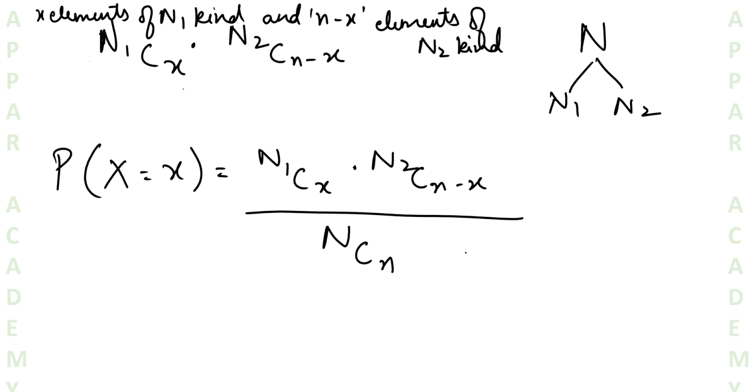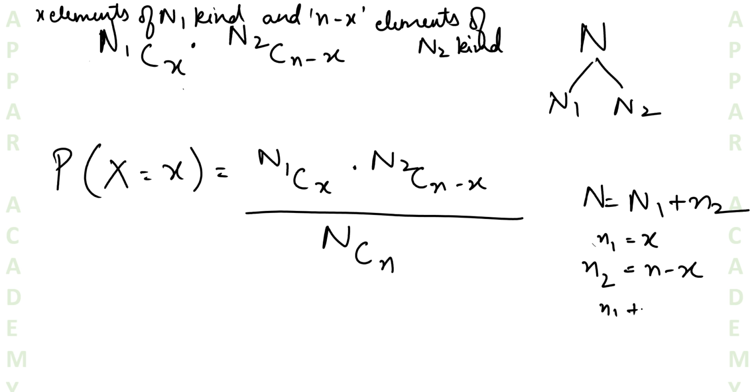So here we also know that capital N is equal to n1 plus n2, where small n1 is the number of elements of the first kind that were picked, that is x, and small n2 is the number of elements of the second kind that we have picked, that is n minus x. And n1 plus n2 is equal to n.